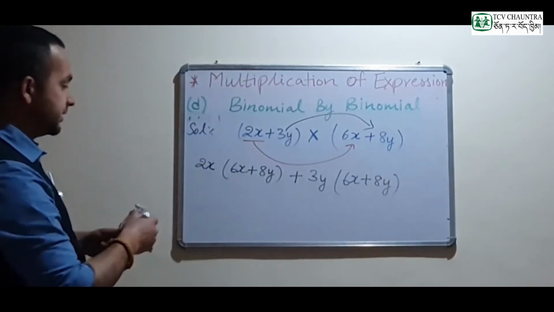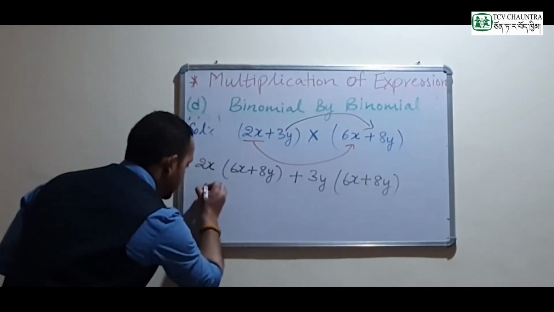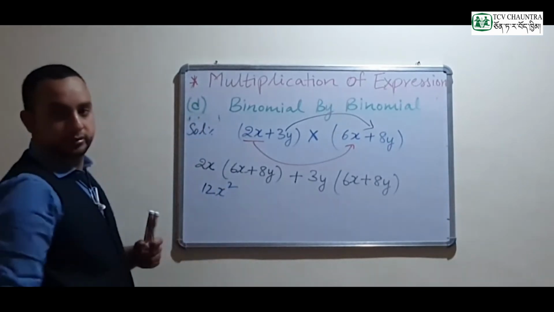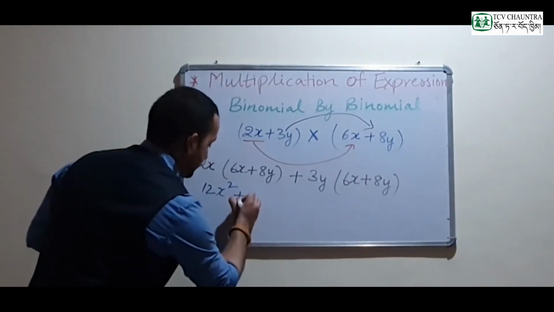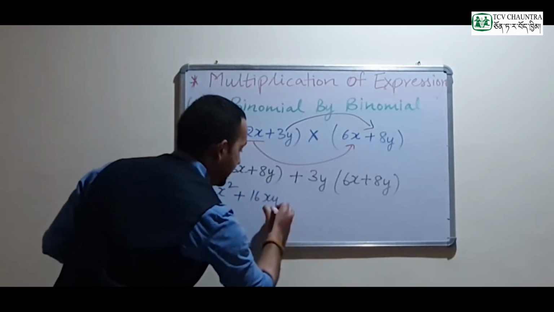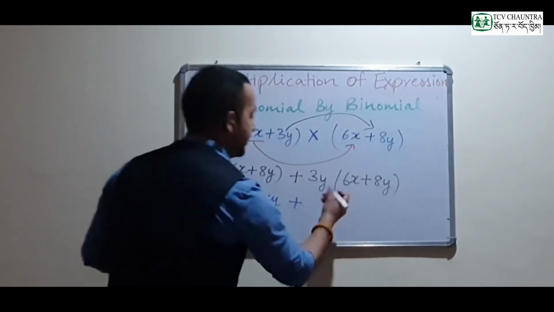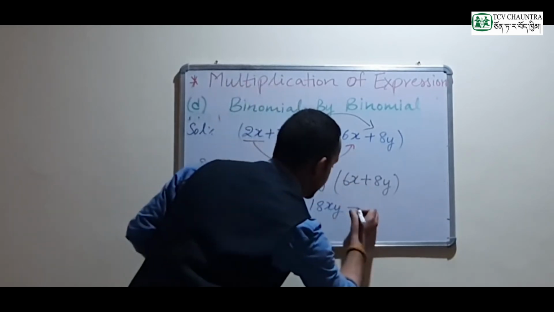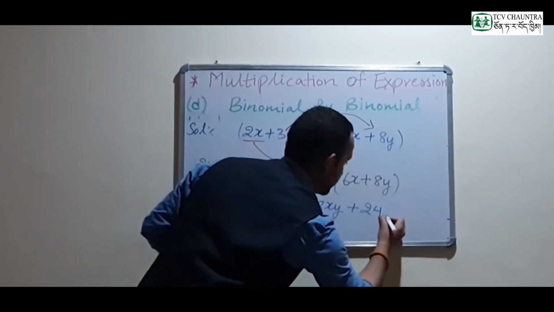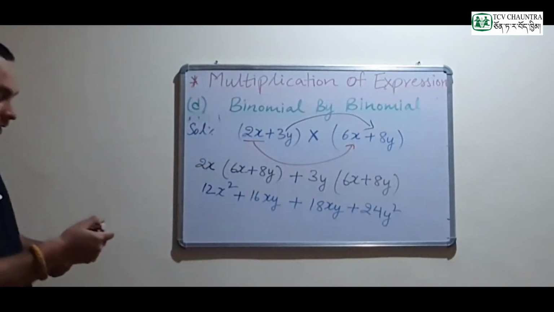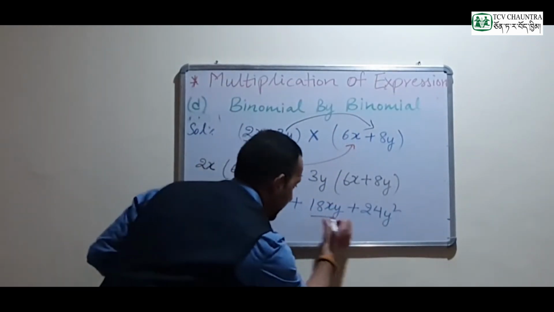So now we are going to distribute this. 2 sixes are 12, and x and x is x square, plus 2 eights are 16xy, plus 3 sixes are 18xy, and 3 eights are 24y square. Now these two are like terms.